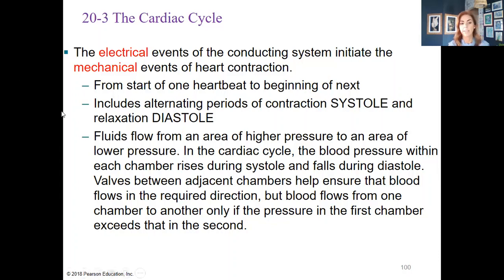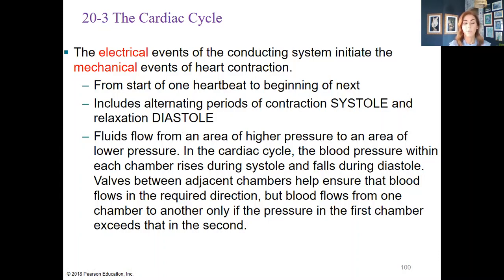So highlight that fluids flow from an area of high pressure to an area of low pressure. Because systole means contraction, during times of systole there's going to be higher pressure. During times of diastole, because this is relaxation, there's going to be lower pressure.